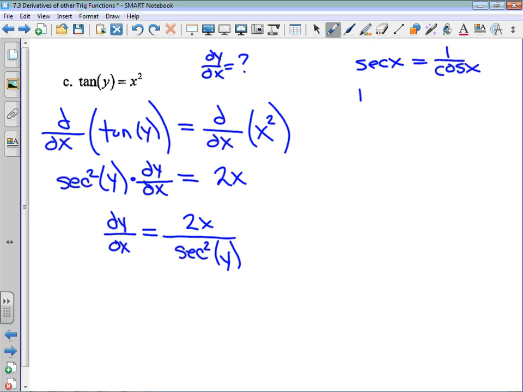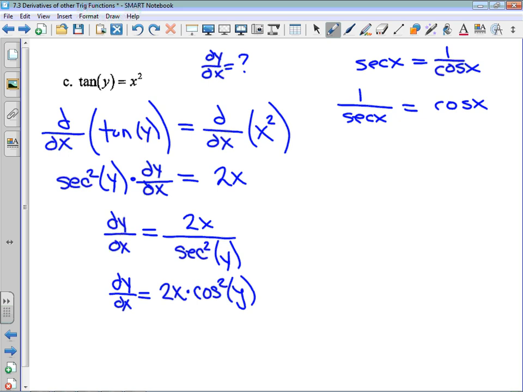They're reciprocals of each other. What that allows me to do in this final form, because we have 2x over secant squared y, is write dy over dx as 2x times the cos squared of y. I would take either of those forms. They're both perfectly acceptable. In general, though, students would rather take the cos of something than the secant of something because it's a little bit easier with our unit circle.